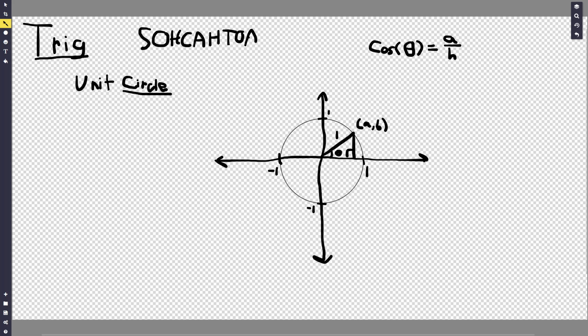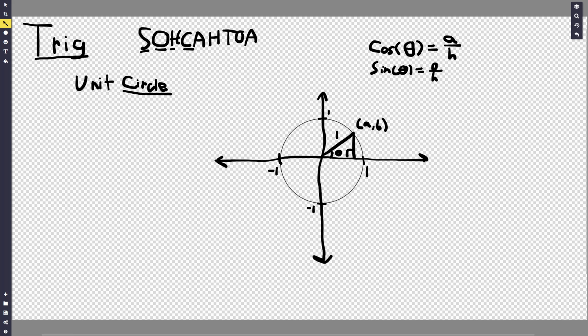The first letter, S, is for sine, and that shows that sine is opposite divided by hypotenuse. And I'll actually write that down over here. Sine of an angle is opposite over hypotenuse. And we see that cosine is adjacent over hypotenuse, and tangent is opposite over adjacent. But we're not going to cover tangent in this video.